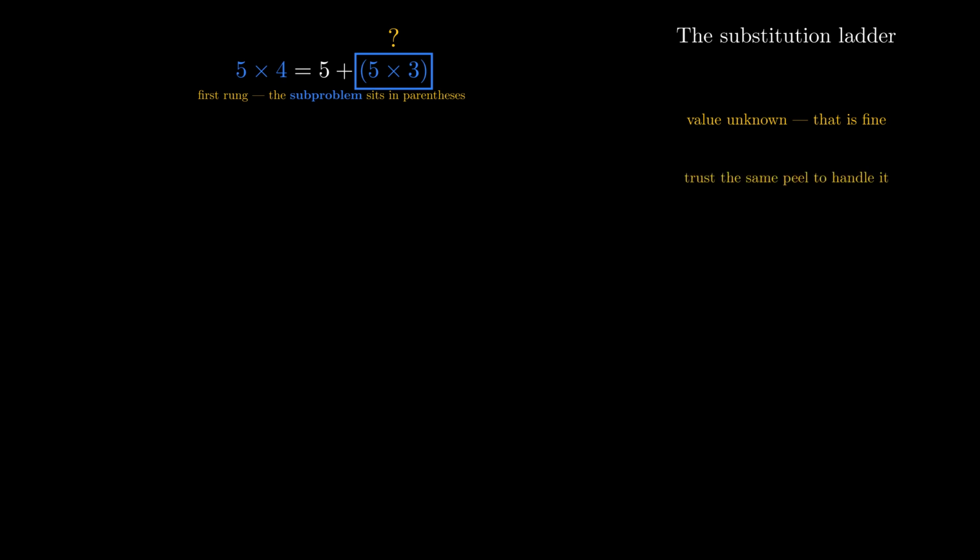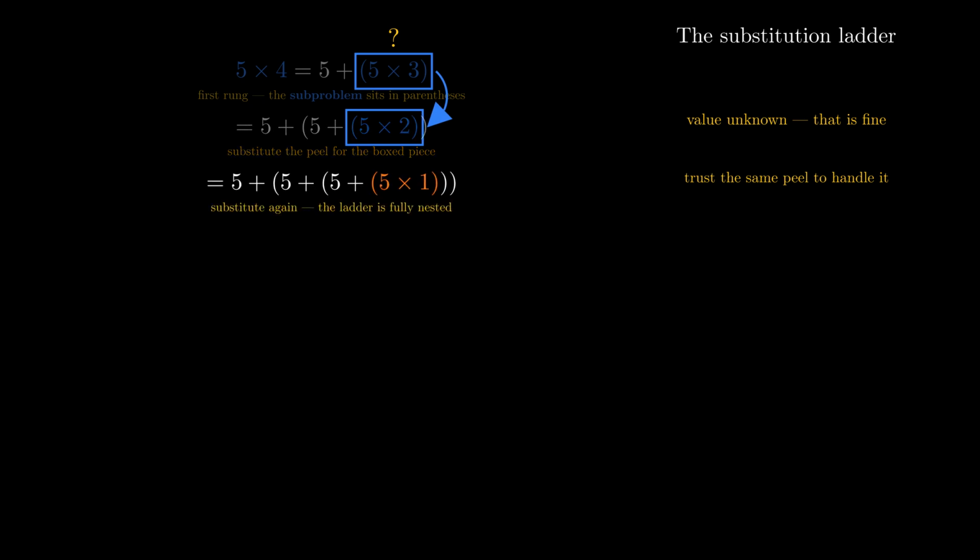One ladder of substitutions shows the whole structure. Start from 5 times 4 equals 5 plus 5 times 3, with the 5 times 3 wrapped in parentheses. We do not know its value yet, and that is fine. We trust that the same peel will handle it, and substitute. Inside the parentheses, 5 times 3 becomes 5 plus 5 times 2. Substituting again, 5 times 2 becomes 5 plus 5 times 1.